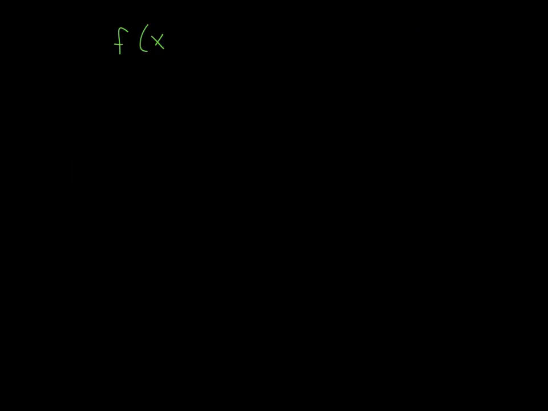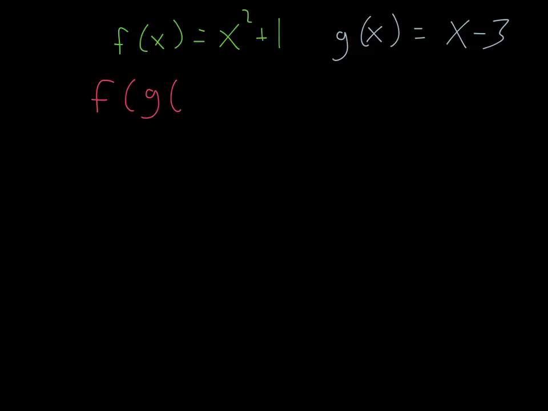f of x is equal to x squared plus 1, and g of x is equal to x minus 3. And we want to find f of g of x.